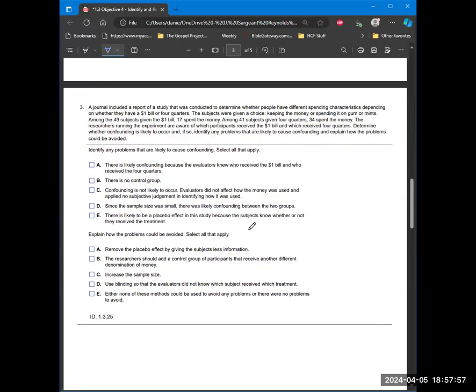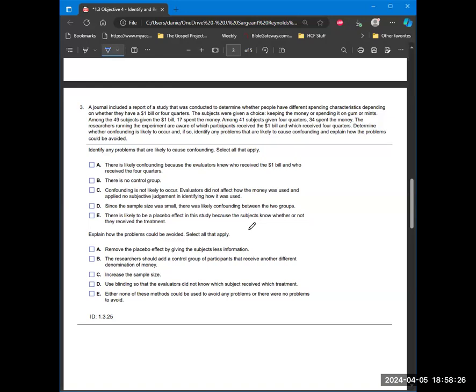Among the 49 subjects given the $1 bill, 17 spent the money. Among 41 subjects given 4 quarters, 34 spent the money. The researchers running the experiment are aware of which participants received the $1 bill and which received 4 quarters. Determine whether confounding is likely to occur, and if so, identify any problems that are likely to cause confounding. Explain how the problems could be avoided.